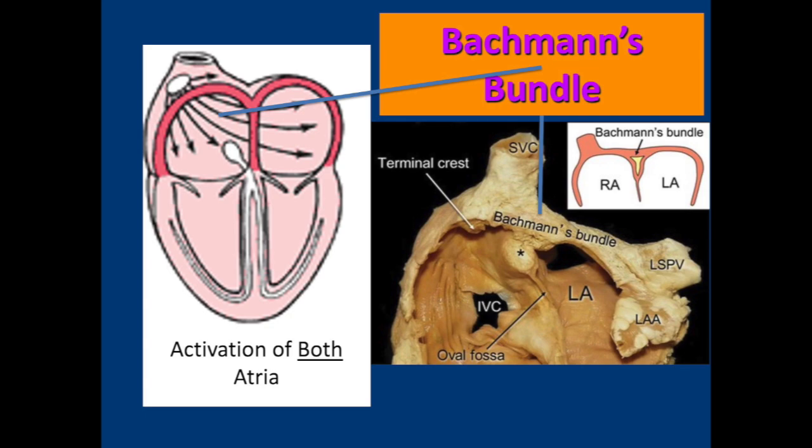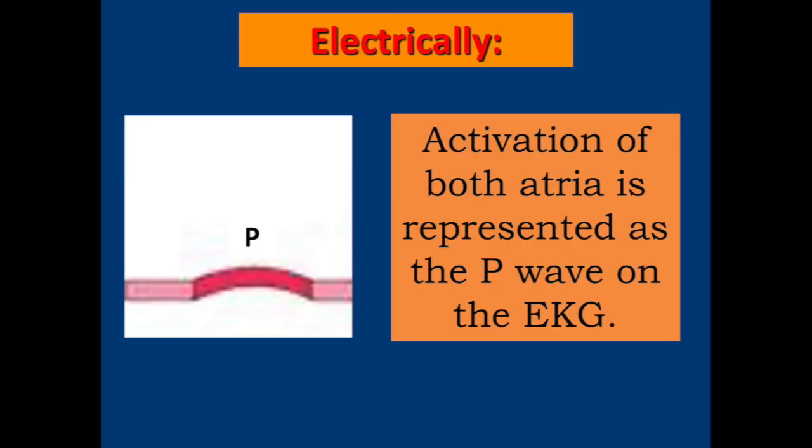And I have a cadaveric cut to show you those wires, if you will, of nerves that connect from the sinus node to both atria so that they both fire and shoot blood or kick blood down into their respective ventricles. The activation of the atria by the sinus node is represented by what's called the P wave on the EKG.